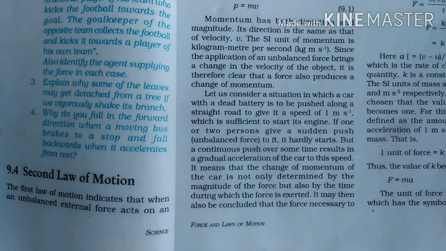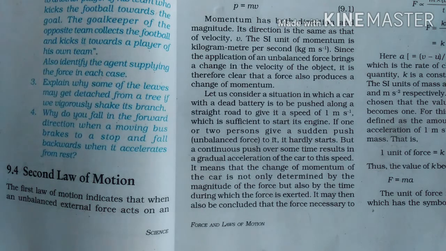Now today we will move towards the next part in this topic, that is the second law of motion. The first law of motion indicates that when an unbalanced external force acts on an object, in the first law, I have shown some videos and I also told you about unbalanced force.